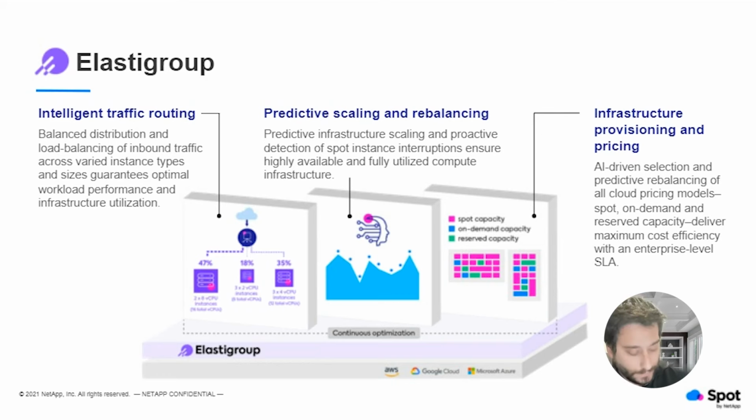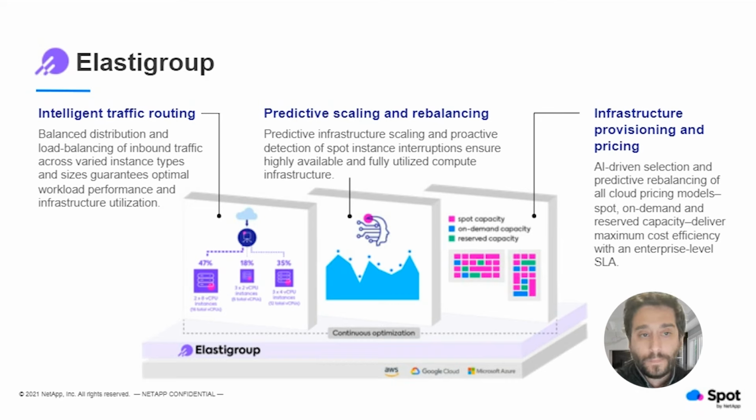The first one is infrastructure provisioning and pricing, which selects the right instance types and sizes in the right pricing model, either Spot, on demand, or reserved capacity. It delivers the maximum cost efficiency with an enterprise service SLA.